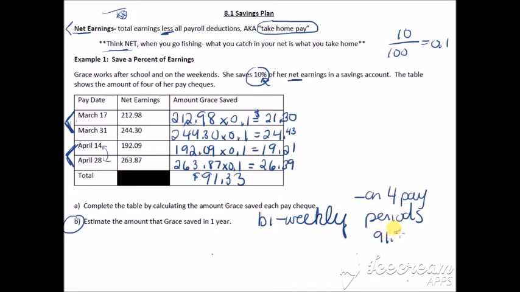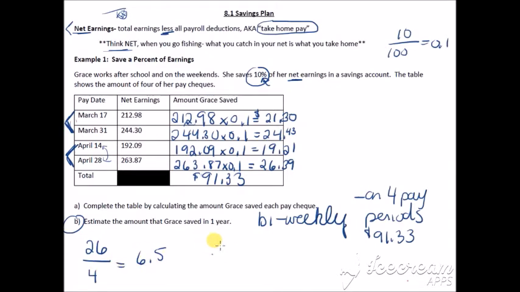She saves 91.33, right? If you think about it, there are 26 bi-weekly pays in a year. If we divide that by those 4 pay periods, how many times do you get 4 pays? Well, you get 4 pays every 6.5 weeks, or you get 4 pays 6.5 times in a year.